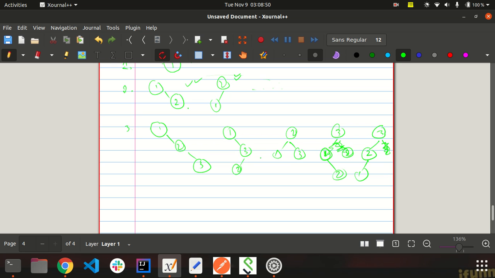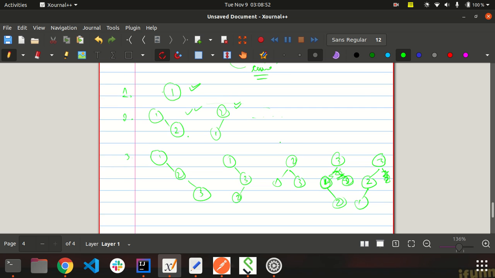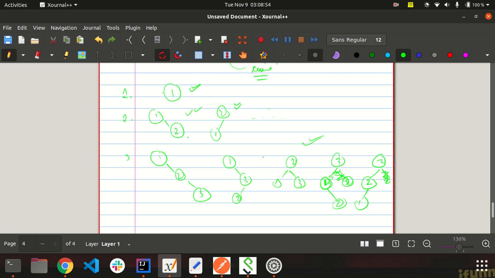Now, just after getting to this particular case, we can see that by taking 1 as the node, we have these as duplicates. I mean these are structurally the same as the case of 2, right?